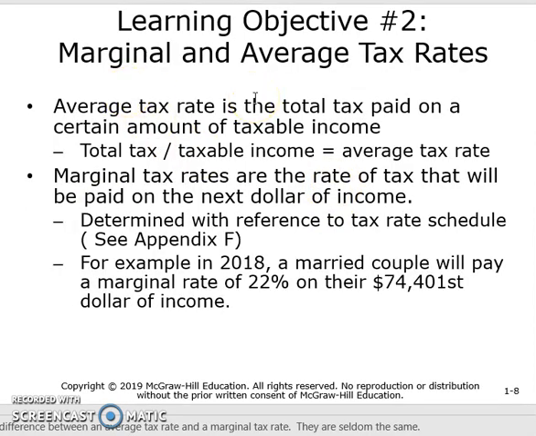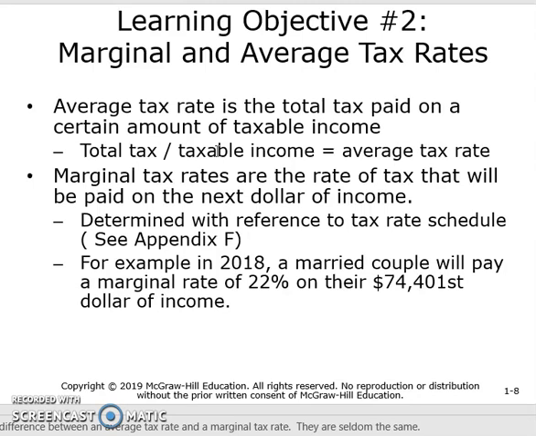So next we're going to talk about marginal and average tax rates. The average tax rate is the total tax paid on a certain amount of taxable income. So the formula for this is the total tax divided by taxable income is going to equal the average tax rate. The marginal tax rate is going to be calculated using the tax rate schedule, which is in Appendix F of your textbook.